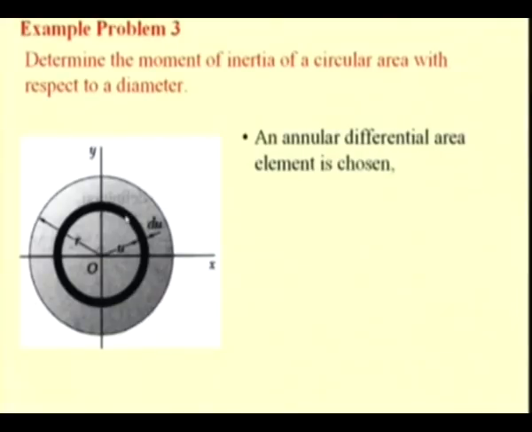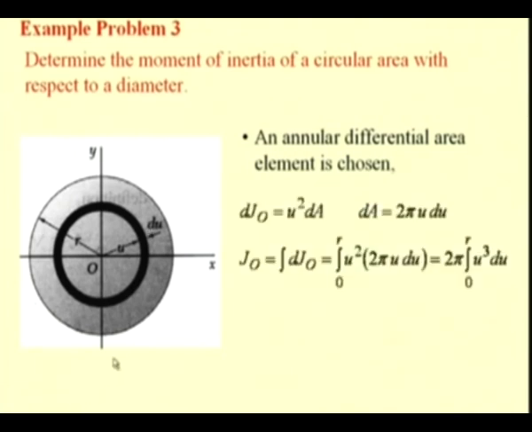You will just see why this is convenient, because in this case we can take an annular differential element which is located at a distance of u from the z axis and whose thickness is du.